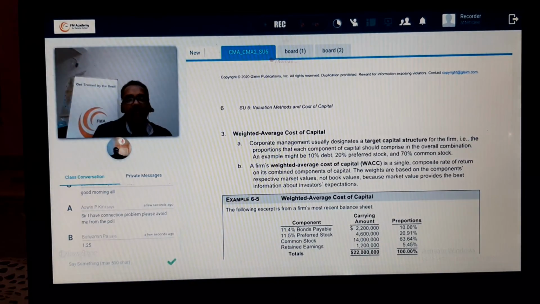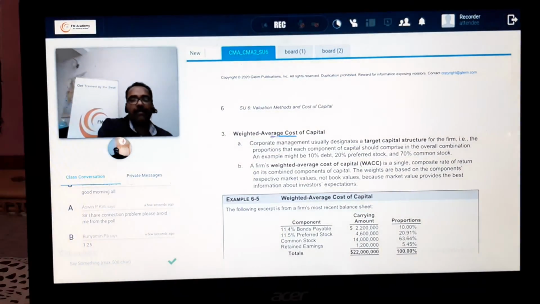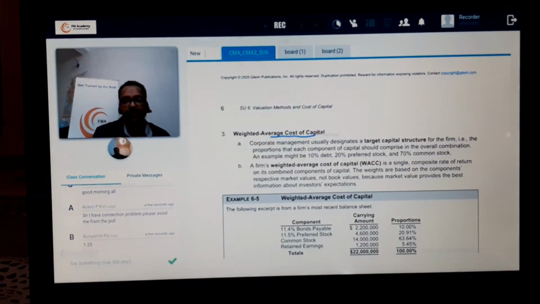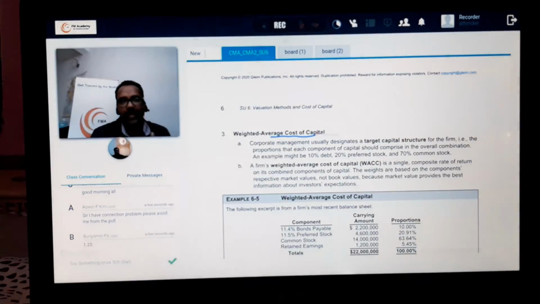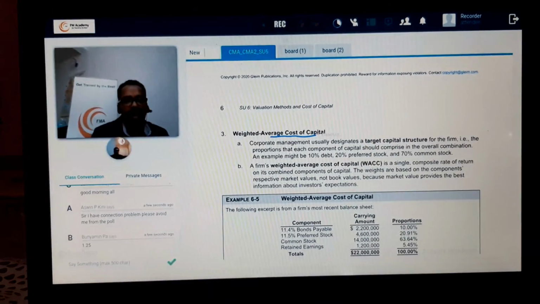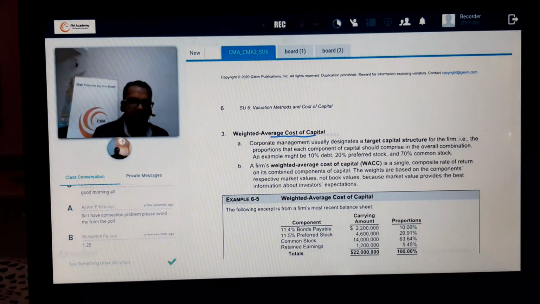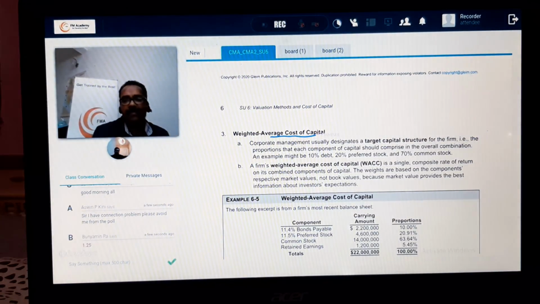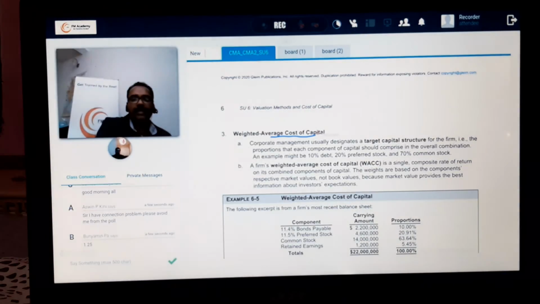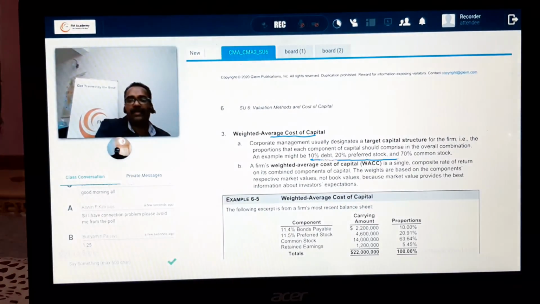Similarly, we have weighted average cost of capital. Every company will have a targeted capital structure. They may say, out of our capital structure, 70% may be from common stock, 20% preferred stock, and 10% debt. Look, this is the weight.